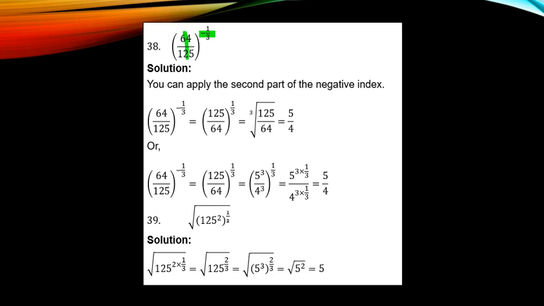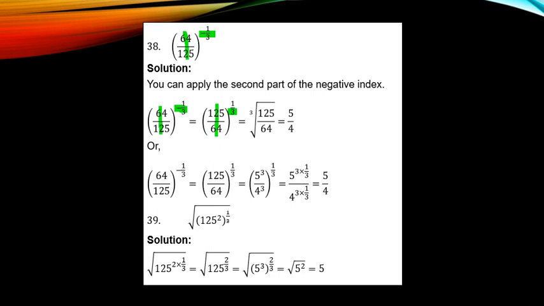You simply interchange the position of the numerator and denominator in the fraction. So you have 64 over 125 changed to 125 over 64. As you are doing that, the power that is negative becomes positive. It's as simple as that.